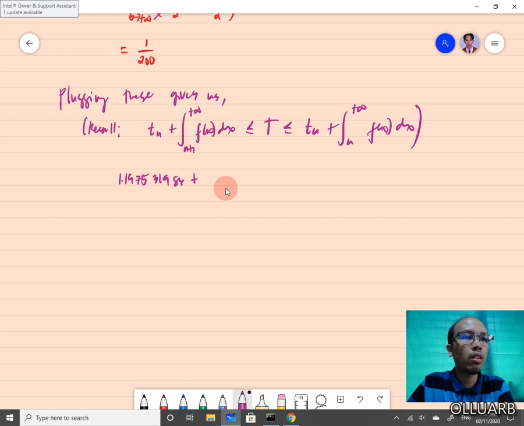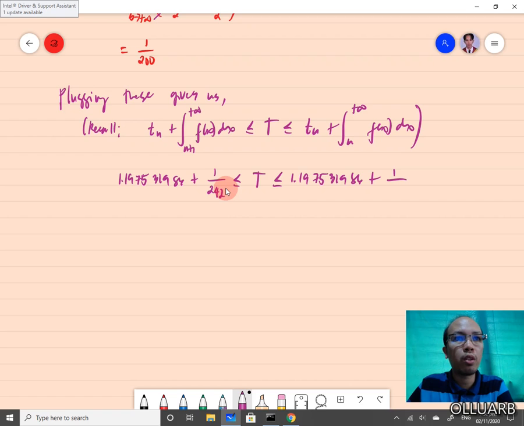This one integral here we have 11, so this is 11 to positive infinity. This is 1 over 242 less than or equal to t less than or equal to 1.1975 31986 plus, so this is our 10 here, 10 to positive infinity.